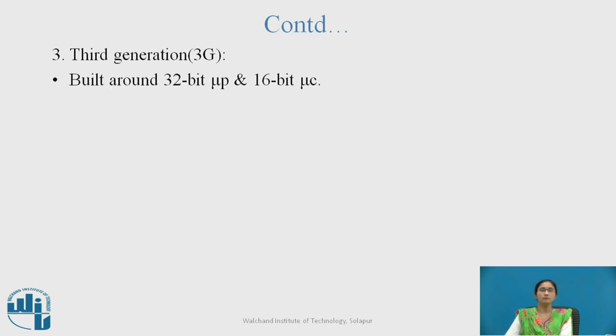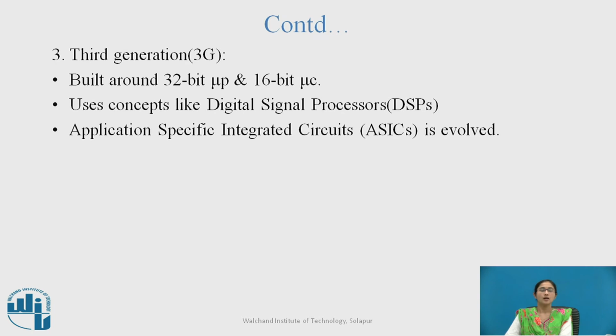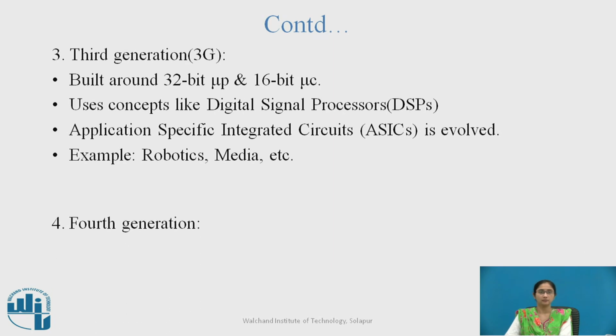Embedded system built around 32-bit microprocessor and 16-bit microcontroller. It uses concepts like digital signal processor. Application specific integrated circuits evolved in this third generation only. Examples of third generation are robotics, media, etc.